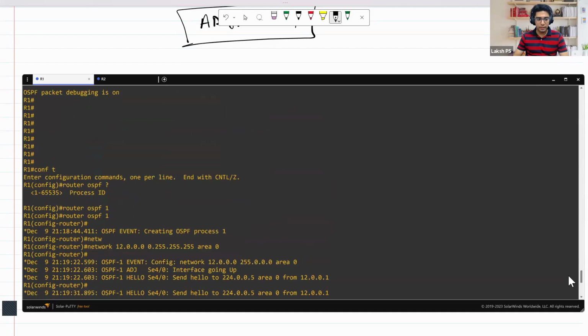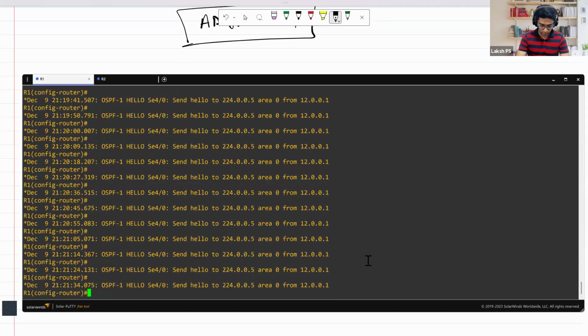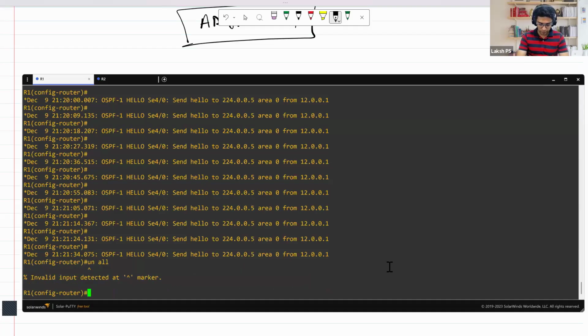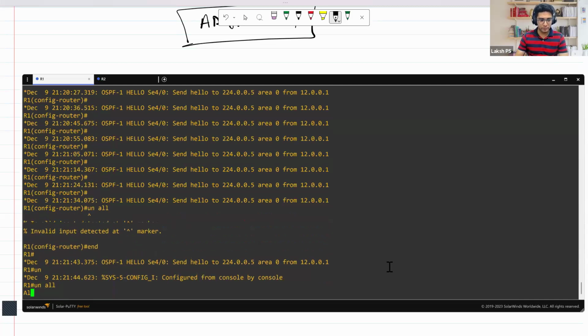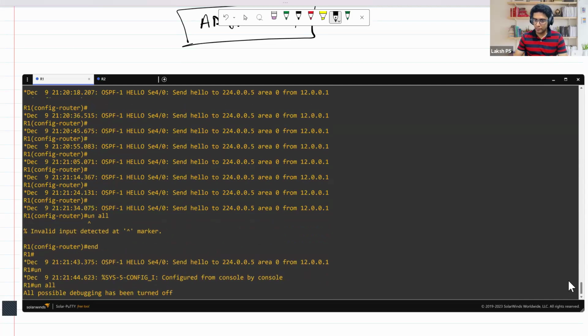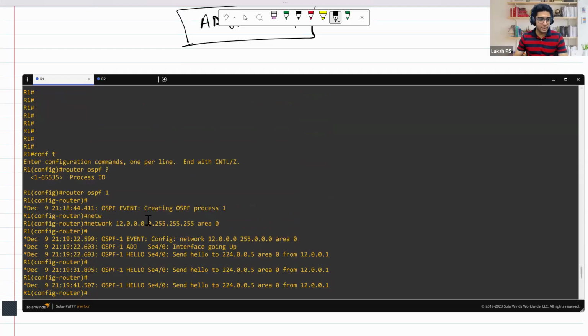Undebug all. Here we can see when I configured this, it says network 12.0.0.0 with the address mask is advertised.